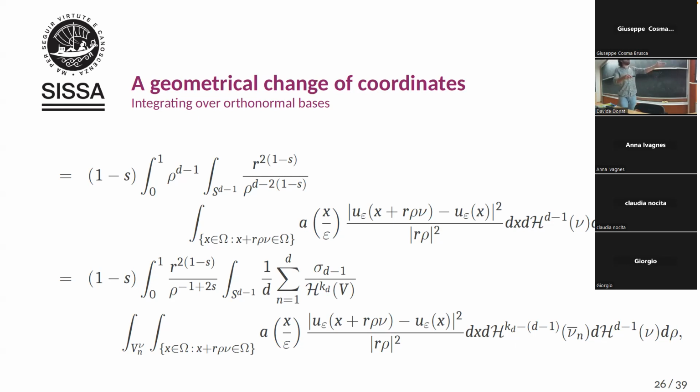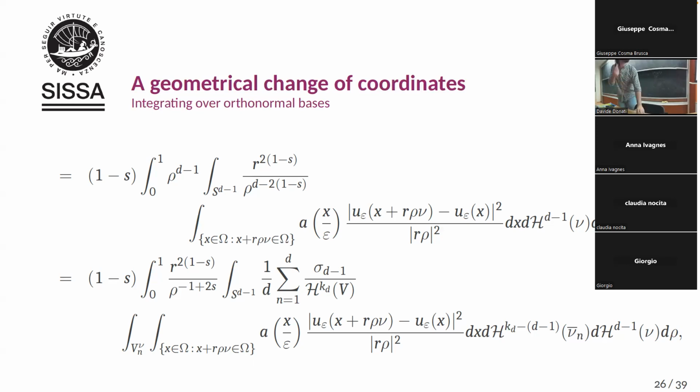But we have to do it by paying the price of multiplying by this renormalization factor. And since we want to do this operation for any n between 1 and the dimension of the space, by multiplying by 1 over d. And then by observing how the space of orthonormal bases can be parameterized: first you give me a vector in S^(d-1), and then you specify the other vectors that form the orthonormal basis.